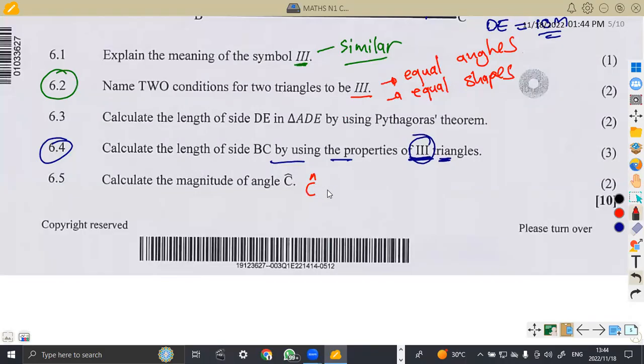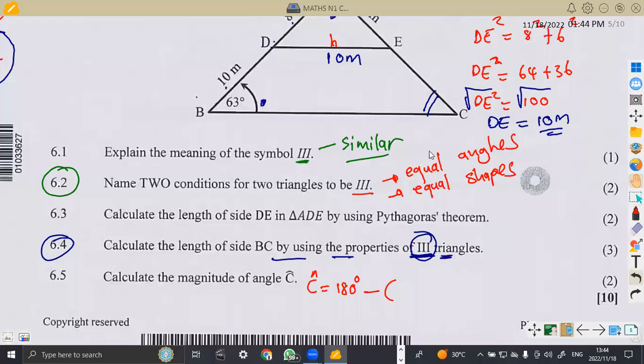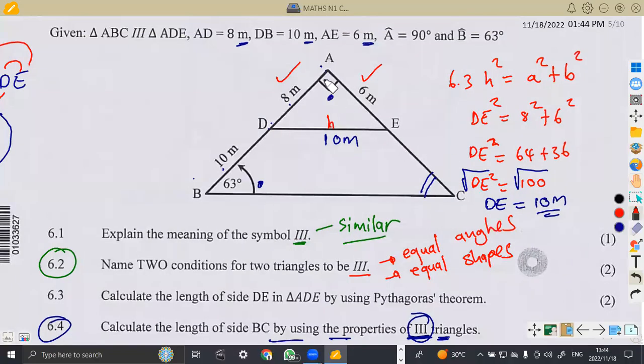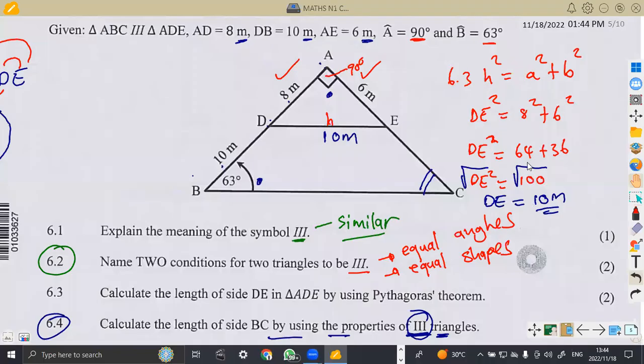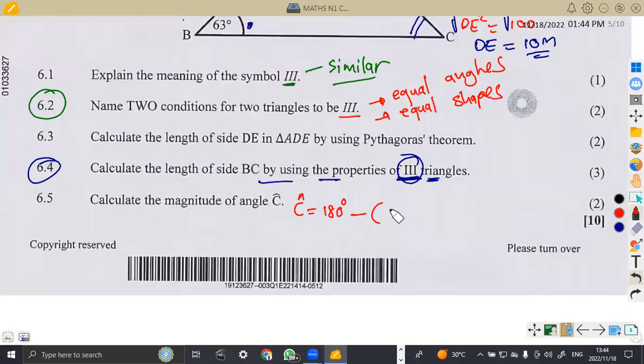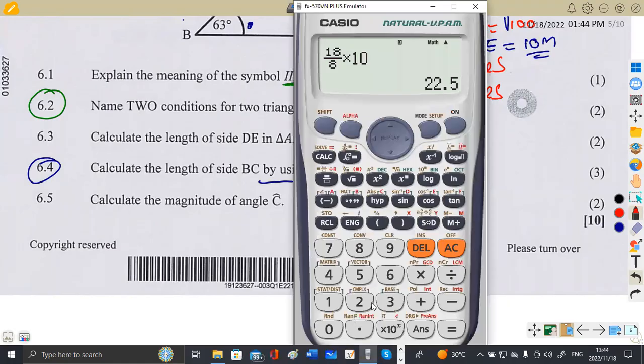So angle C is going to be 180 degrees minus the two angles that we have inside this triangle, which is 90. This symbolizes 90 degrees. This right angle here, that's 90 degrees. Already you are given here, angle A is 90 and that one is 63. So we are going to add 90 and 63 together. 90 degrees plus 63. So we have 180 degrees minus 90 plus 63.